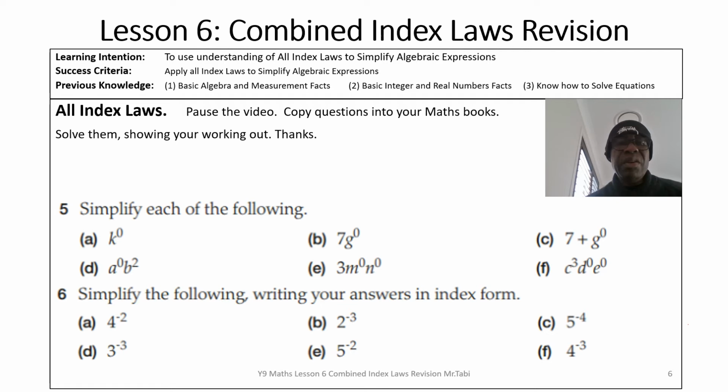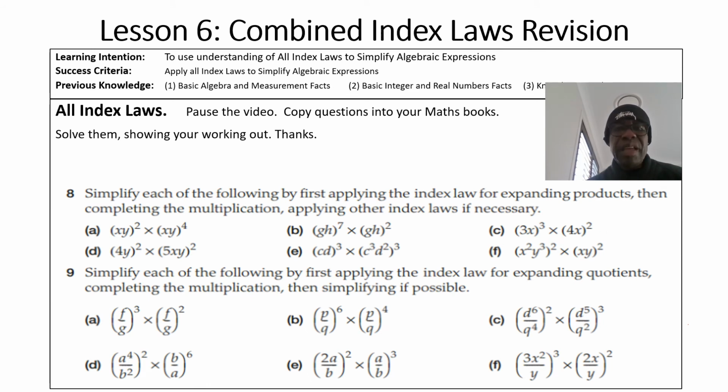Please pause the video, copy these questions in your math books, and solve, showing your working out. Again, we pause and copy these questions in the maths books and solve them, showing working out.